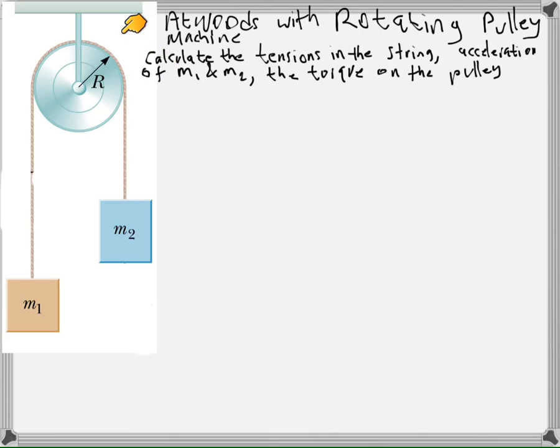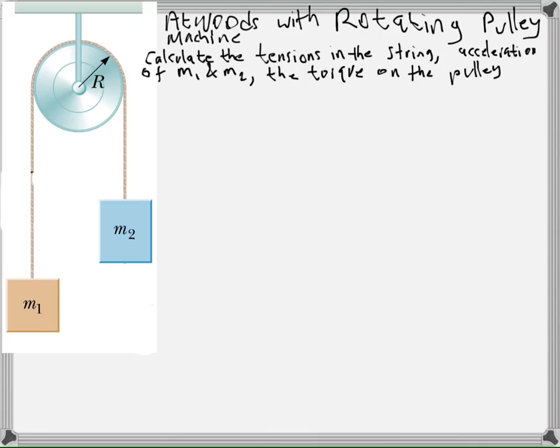The string was sliding without friction around this pulley, and we calculated the acceleration for the system. But this time the pulley is rotating without sliding with the string, so we have in fact the motion of three bodies. We have the linear motion of mass m1, linear motion of mass m2, and the rotation of the pulley.